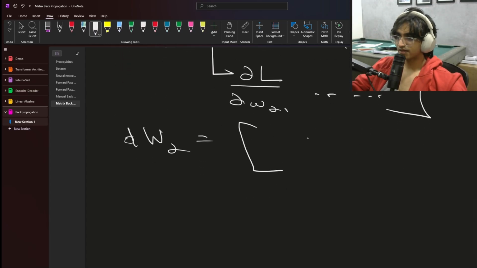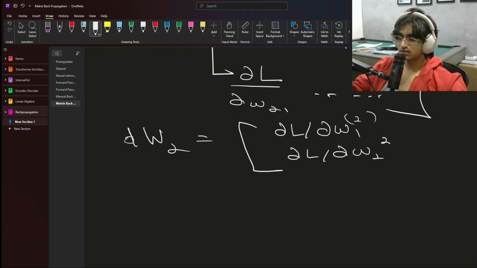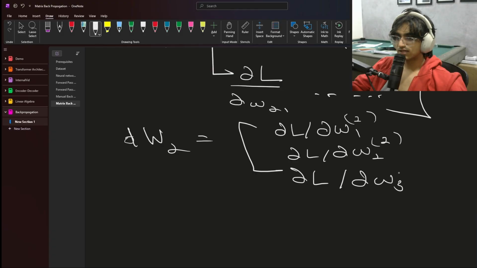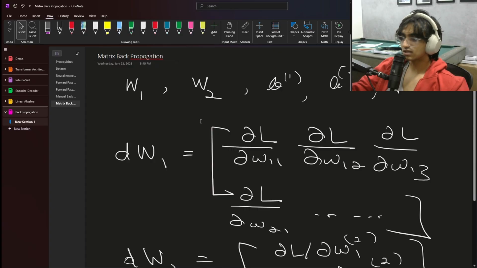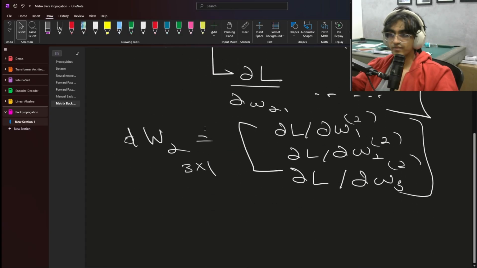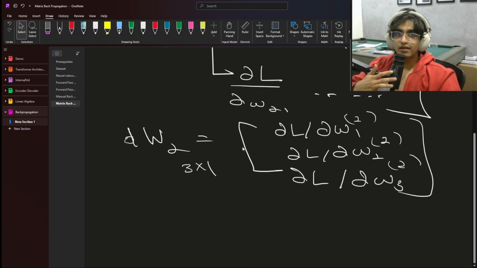Whatever our W2 matrix was, just the partial derivative of that. The shapes will be the same as the corresponding matrices. So W2 shape was 3 by 1, and the dW2 matrix shape will also be 3 by 1.